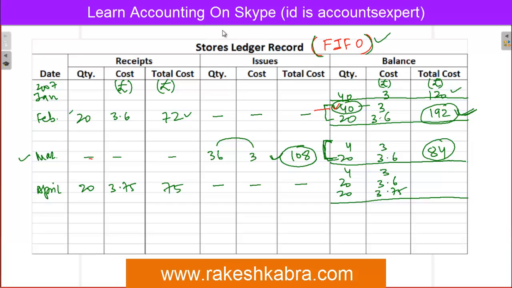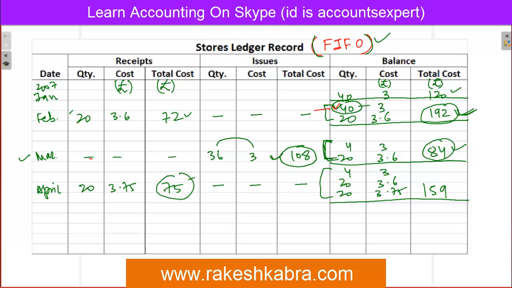So this time we have stock of three different rates: 4 units of £3 each, 20 units of £3.6 each, and 20 new units of £3.75 each. Okay, and what is the value now? 84 plus this new purchase 75, so 84 plus 75. Now the value of stock will be £159. Understood or not?